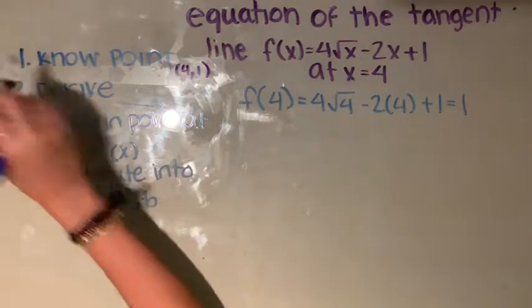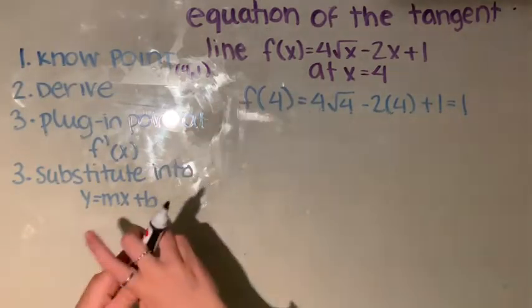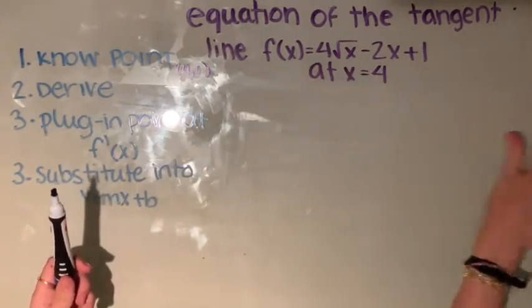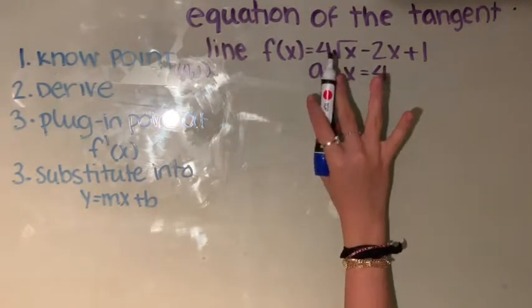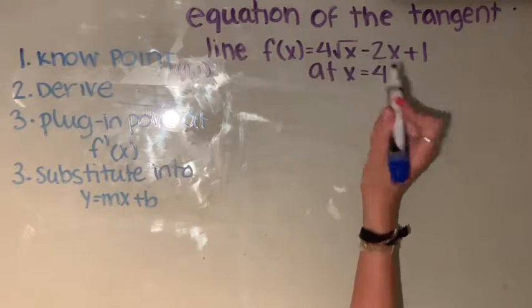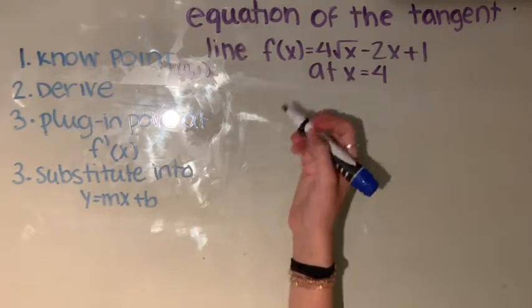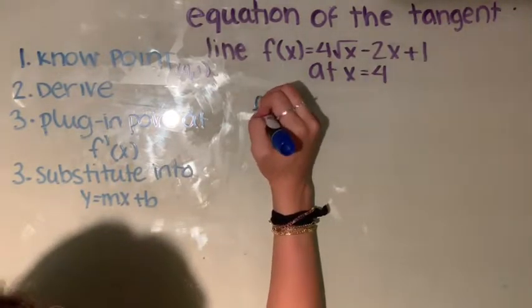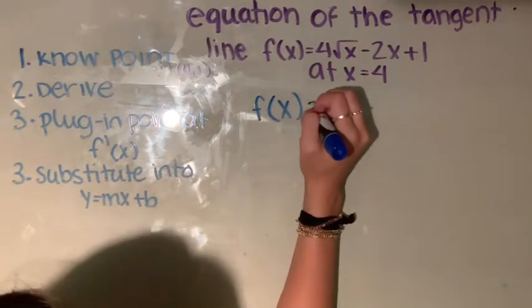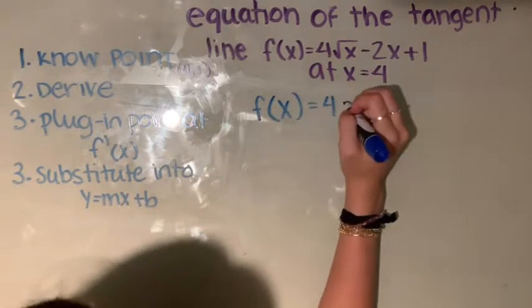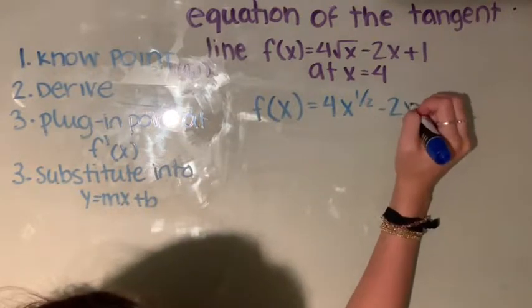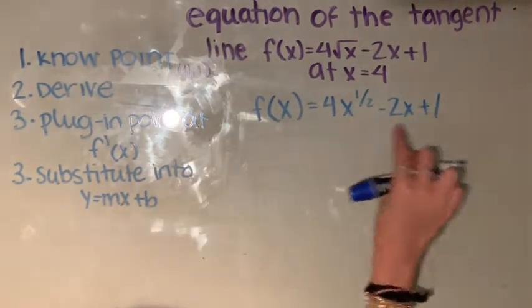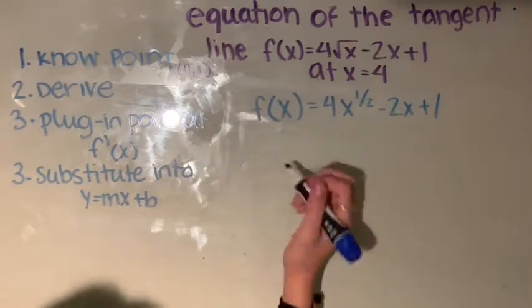Now that we have this, we're going to derive our original equation. To do this, we know that we need to simplify this first, as we cannot leave an x inside of a root. So our f of x is first going to be 4x^(1/2) minus 2x plus 1. With our equation in this form, now we can derive.